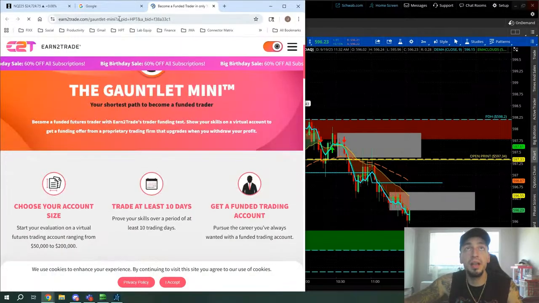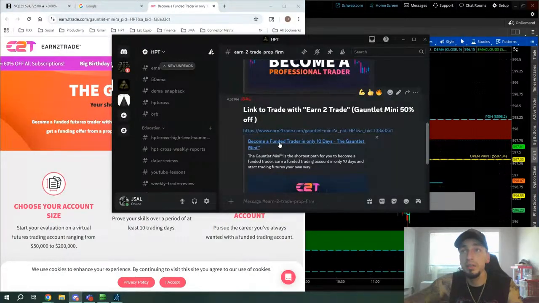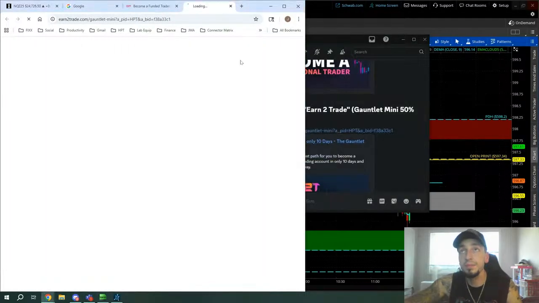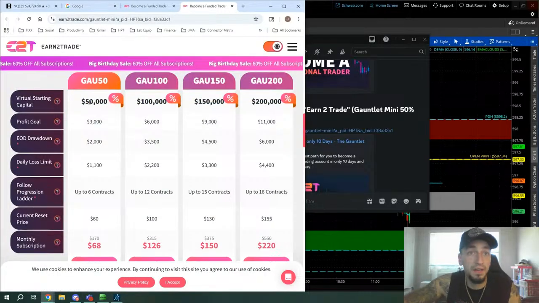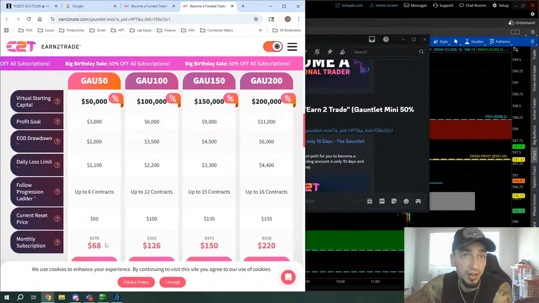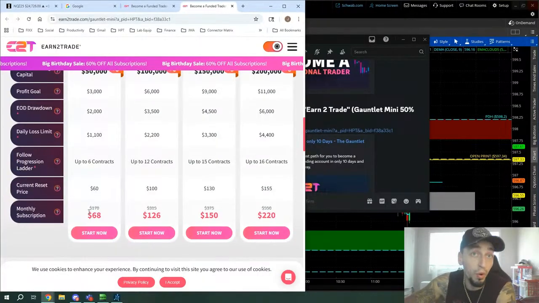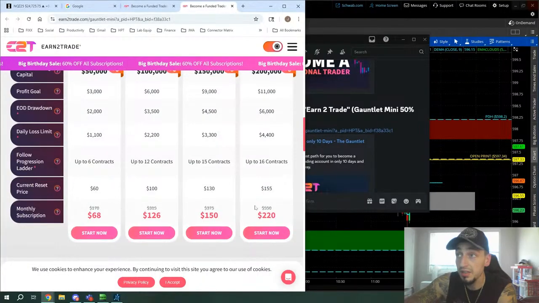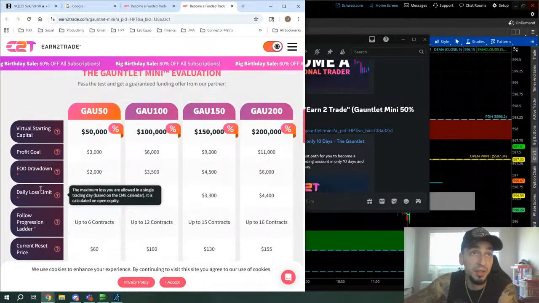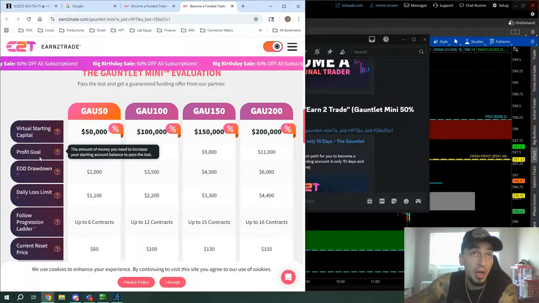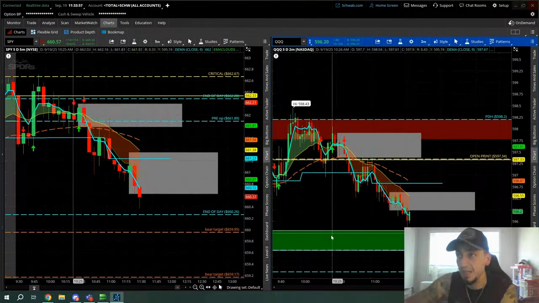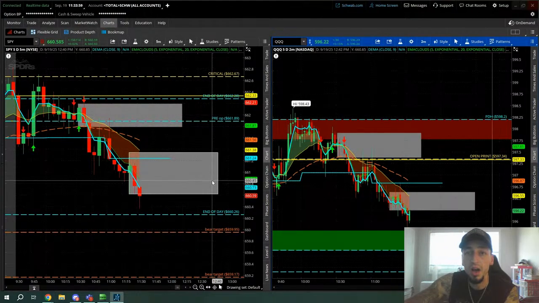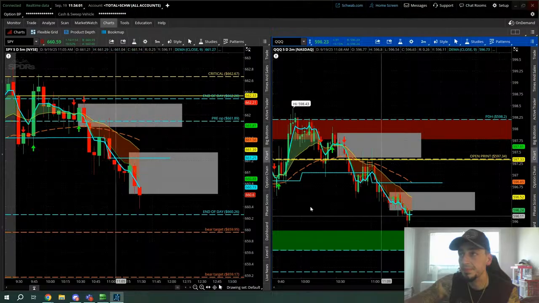Look, if I click this right here, you can get a 50,000 account for more than 50% off actually. So this might be something valuable that we could use. I gotta go through it though. It's similar shit. You risk $2,000 to make $3,000. Same thing. I gotta look at their payout schedule though.